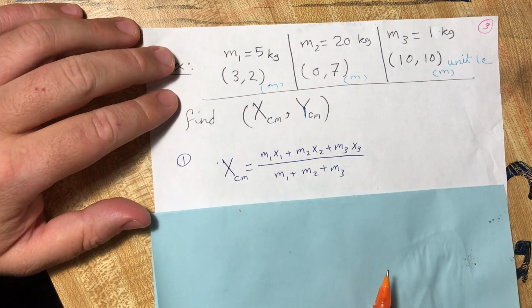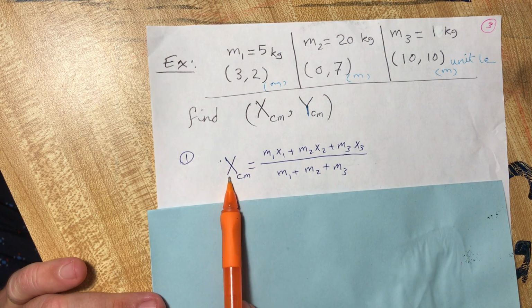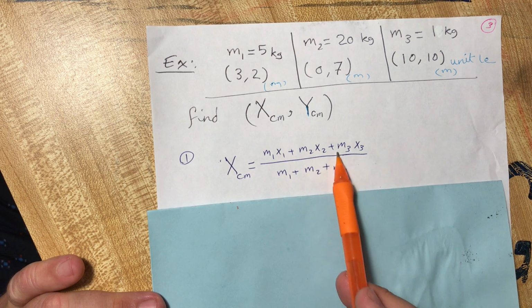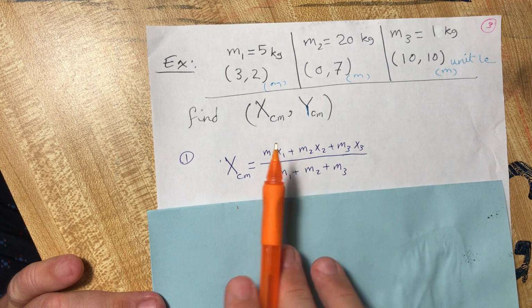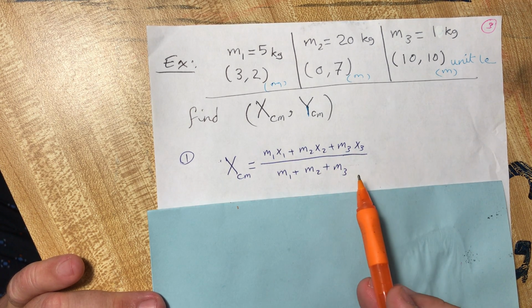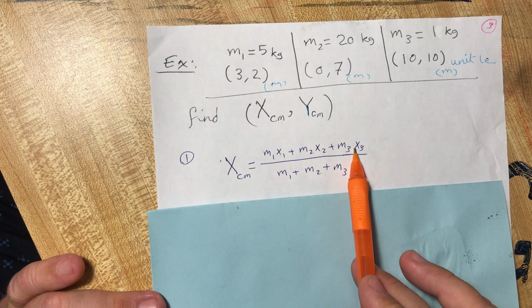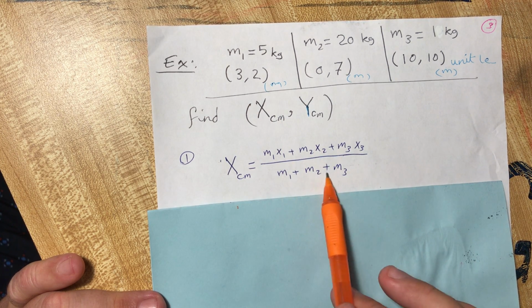Okay, x center of mass is simply m1 x1 plus m2 x2 plus m3 x3. We have just three masses and their positions are known, x1, x2, x3, divided by m1 plus m2 plus m3.